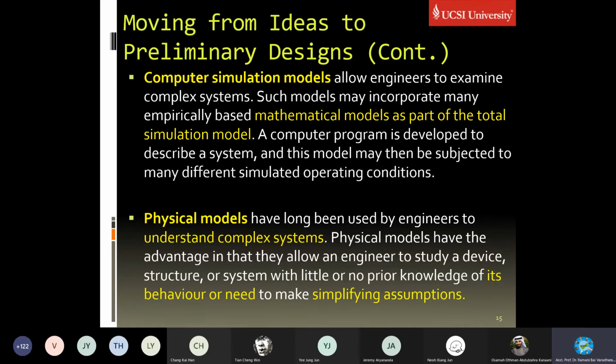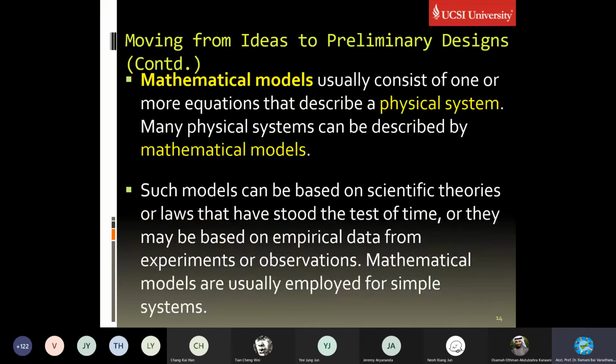In that case, you can follow this: either you do the simulation model or a physical model or a mathematical model. An engineer, for example, is designing a multi-stroke engine, an efficient engine.